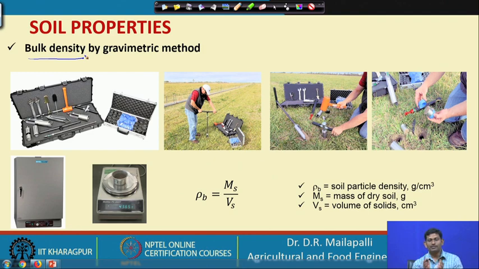So, you have a volume of a particular material, or a material which is filled in a glass. If you know the weight of the material put in the glass and divide it by the glass volume, that will give the density of that particular material.